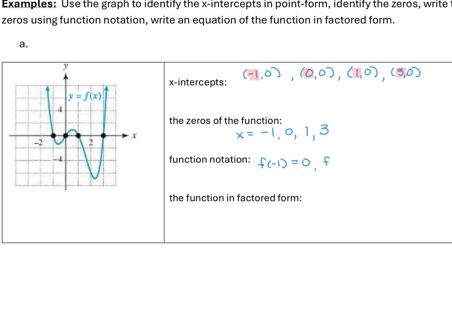Second one, if we plug in 0 for x, we get 0. The third one, when we plug in 1 for x, we get 0. And finally, if we plug in 3 for x, we get 0.